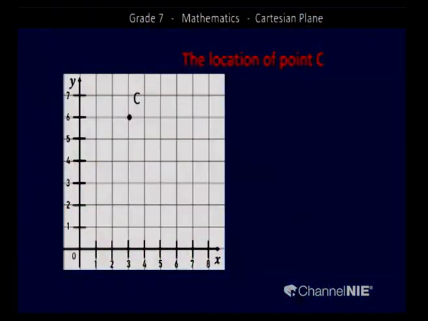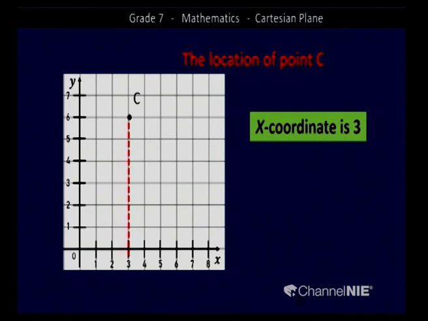We will find the location of point C now. Right. Once again, when you are finding the location of point C, you have to get the x coordinate and then the y coordinate. So, we will find the x coordinate first. I am going to draw a perpendicular from point C towards the x axis, and you can see the perpendicular goes to plus 3.